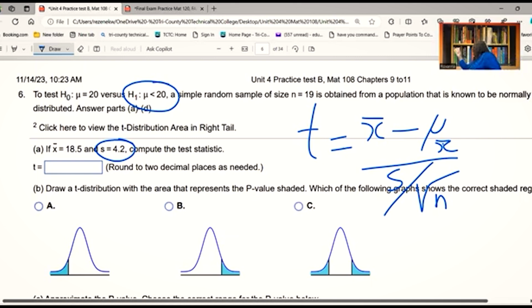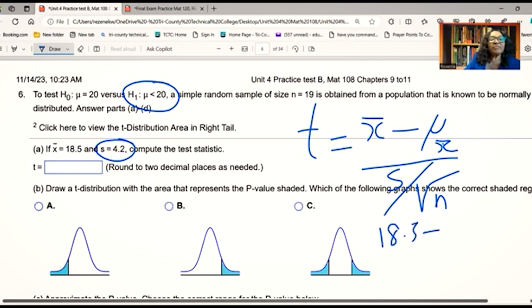So this is the 3rd step in hypothesis testing, but they ask you to do that first. So it doesn't matter. You have to know the 5 steps in hypothesis testing because any question can come first though. All right, so X bar is given to us as 18.5.